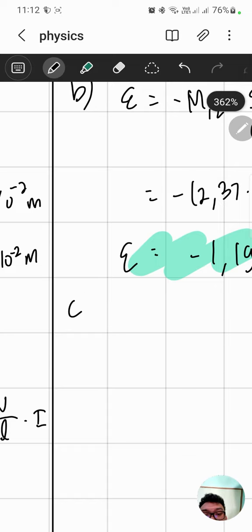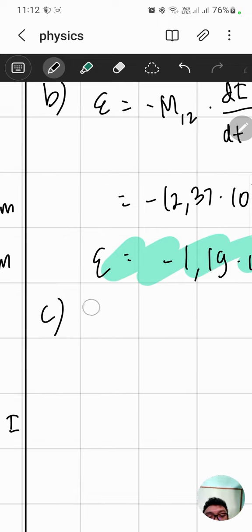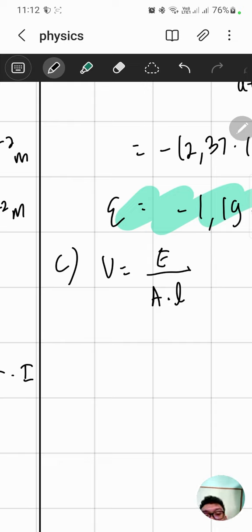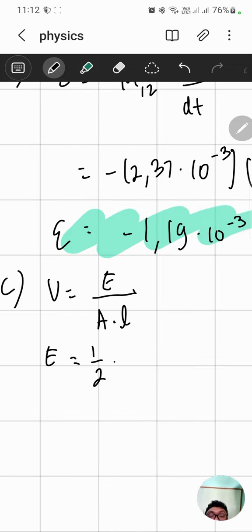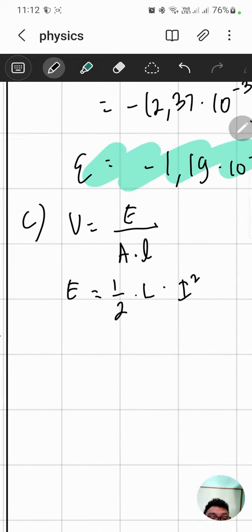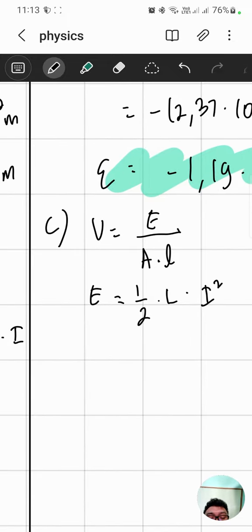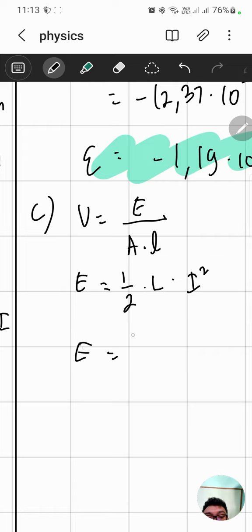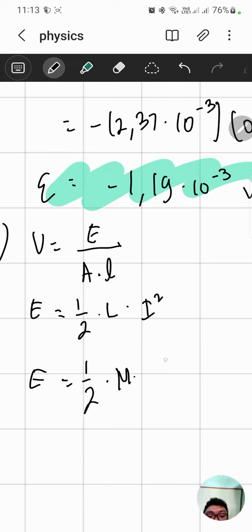So for the energy density, as we know, the equation is energy over area times length. To solve this equation, we need the energy, so we calculate the energy as a half times the inductance times the current squared. In this case, we input the energy: one half times M times the current squared.